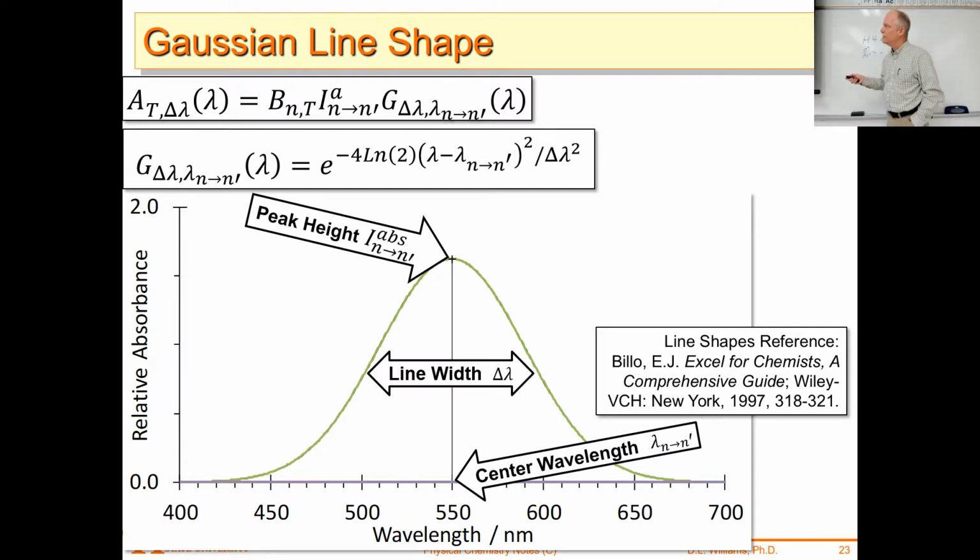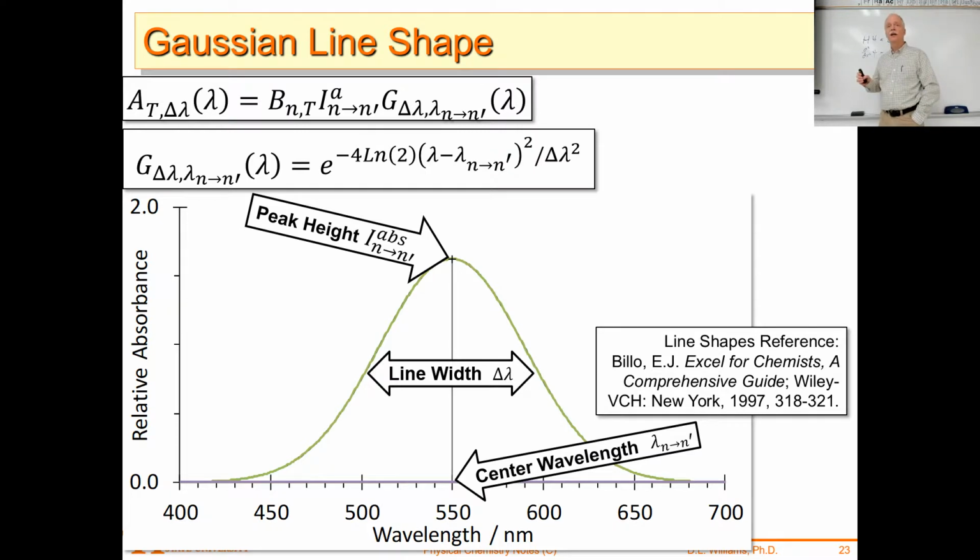What you have is a center wavelength, and that's given by your transition equation. So go ahead and write that down. The center wavelength comes from the transition equation. I'll repeat.